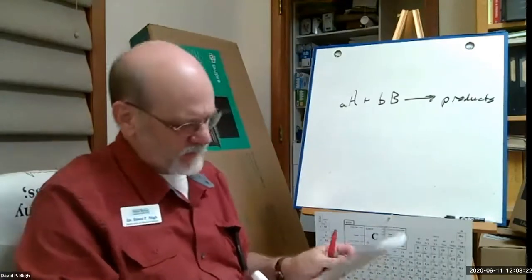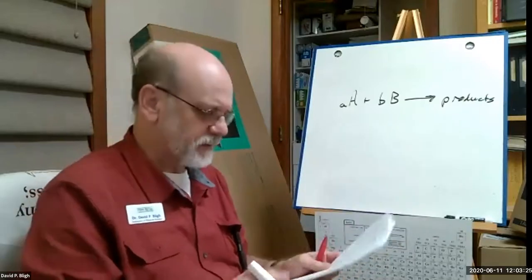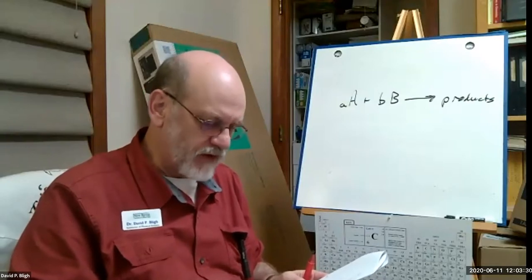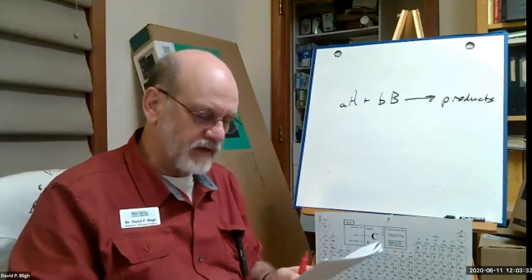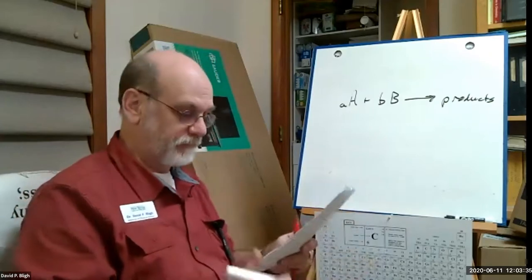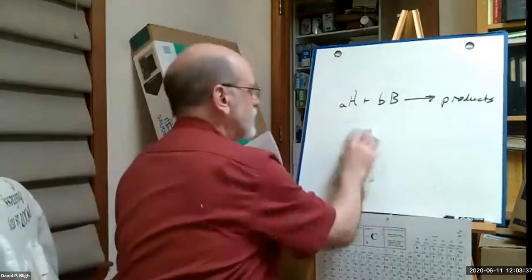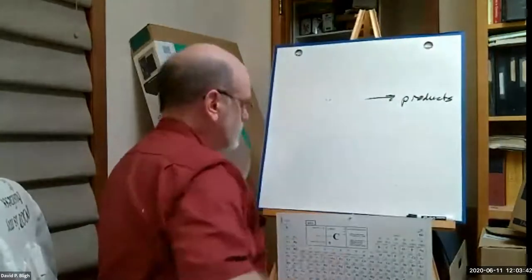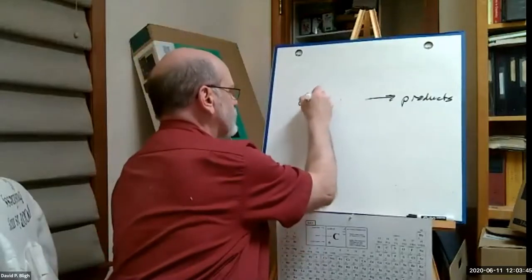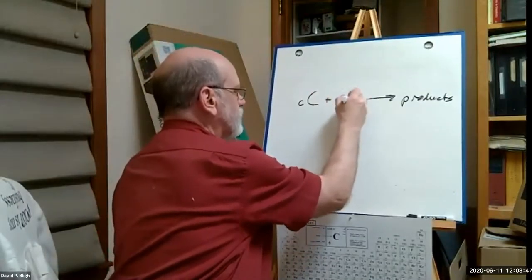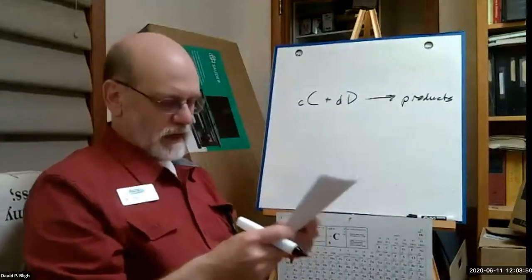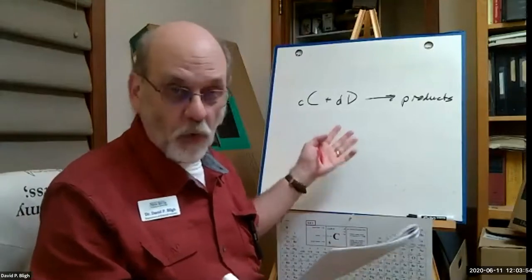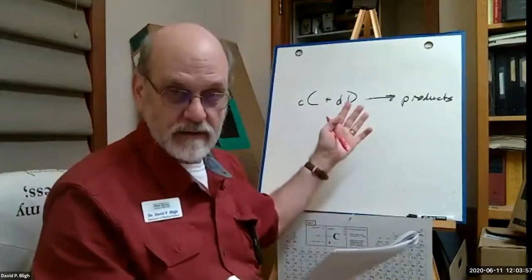Okay, number 6. I think this is the last one. The orders with respect to reactants C and D of a reaction were determined experimentally to be 2 and 3. All right? So if this were C and D, then write the rate law, with the order for C and the order for D in the rate law.